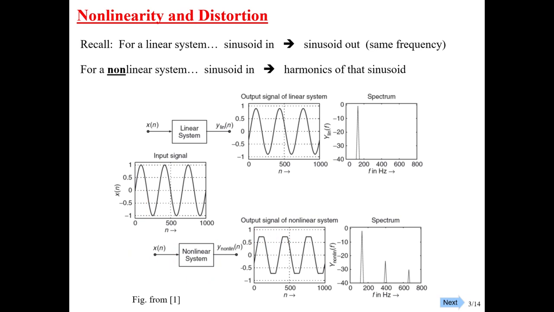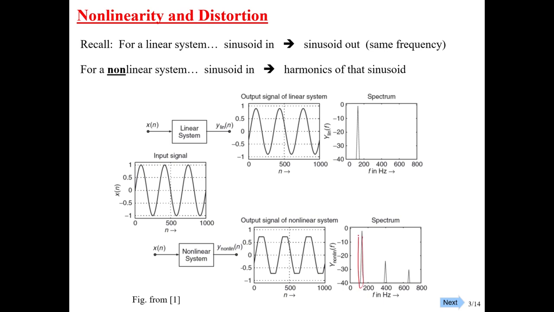And if you analyze this, it's a periodic signal. So a sinusoid goes in and a periodic signal comes out. A periodic signal will be constructed by a fundamental frequency and a bunch of its harmonics. And here we're seeing just the odd harmonics.